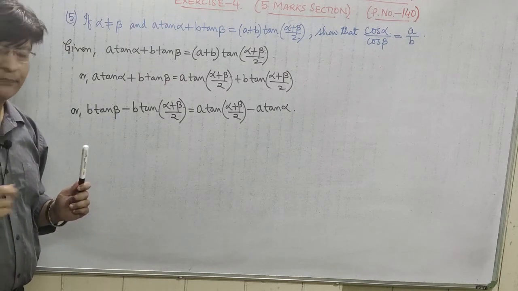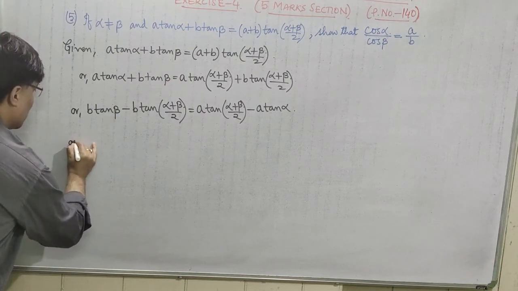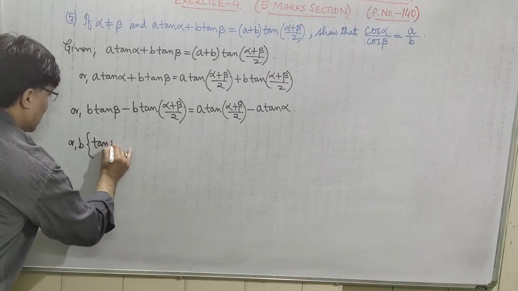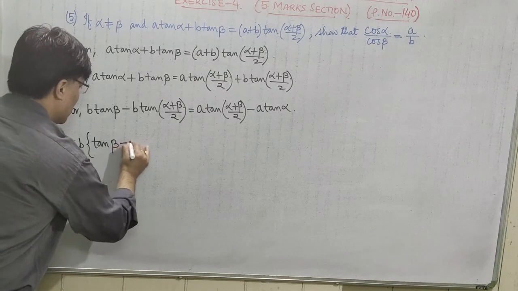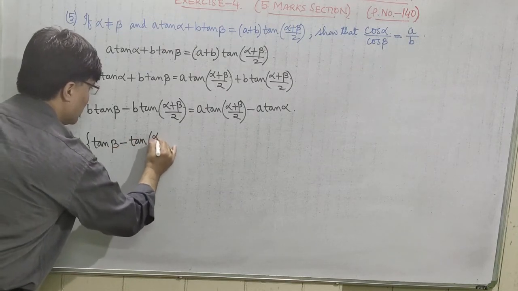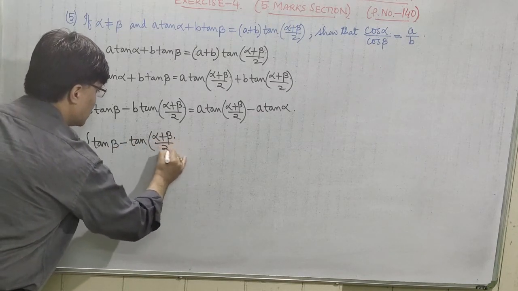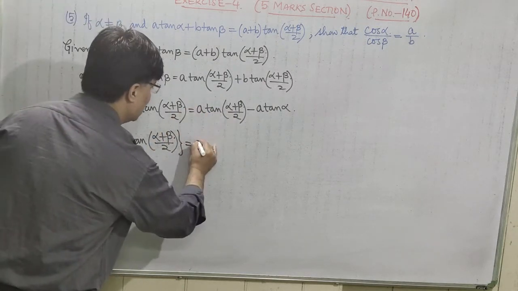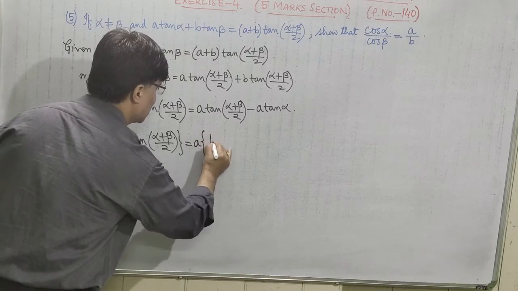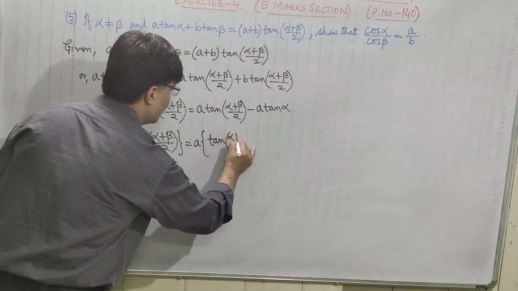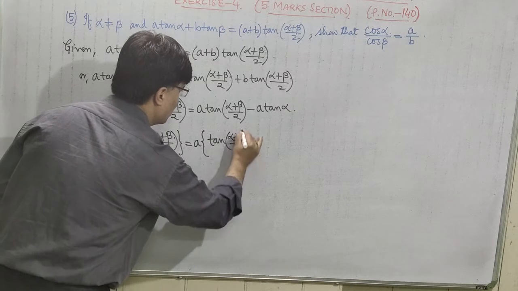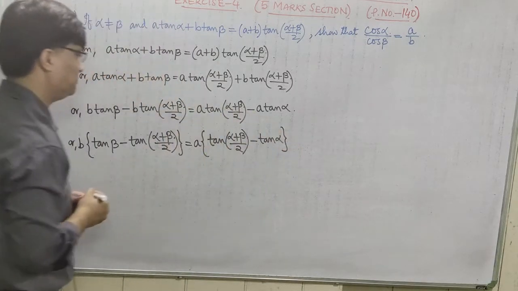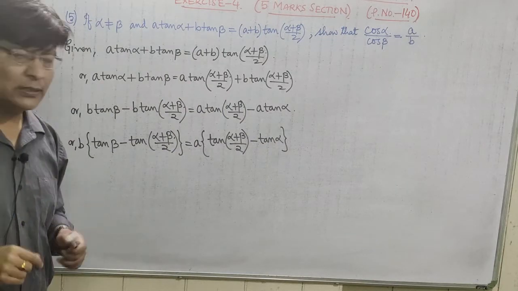So is it understood now? So next, what is common here? b is common here. So within second bracket we have tan beta minus tan of alpha plus beta by 2, second bracket is closed, is equal to, what is common here? a. Within second bracket, this is tan of alpha plus beta by 2 minus tan alpha, right?